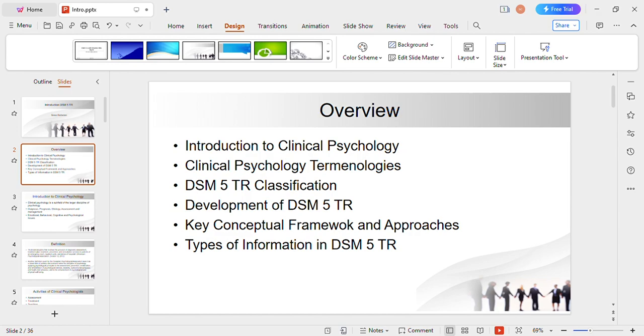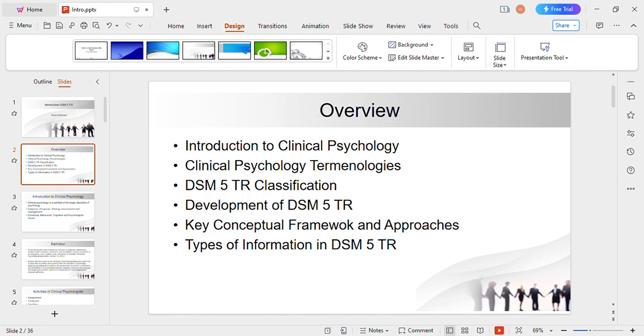Basically, DSM-5 has three key sections. The first section provides the information related to the introduction of DSM-5-TR, the second section covers all the details related to disorder-related changes in DSM-5-TR, and the third section covers the emerging measures and modules-related changes.